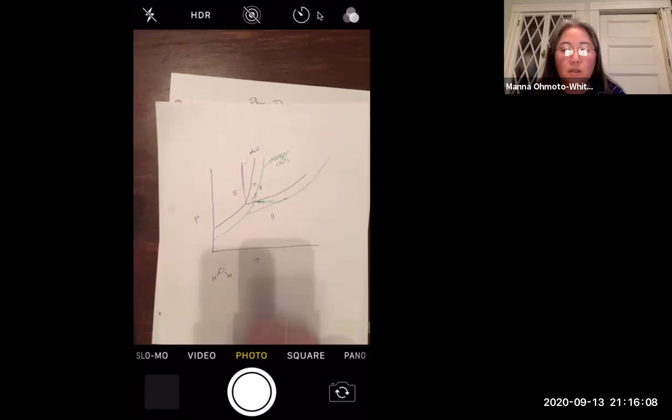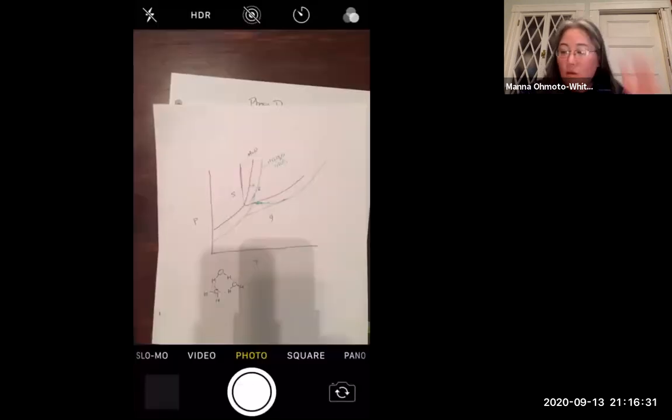Because of their bent nature and because they have strong IMFs, in order to have those maximum IMFs form in the solid state, the water molecules leave gaps between the molecules. As a result, water in its solid state is less dense than water in its liquid state.